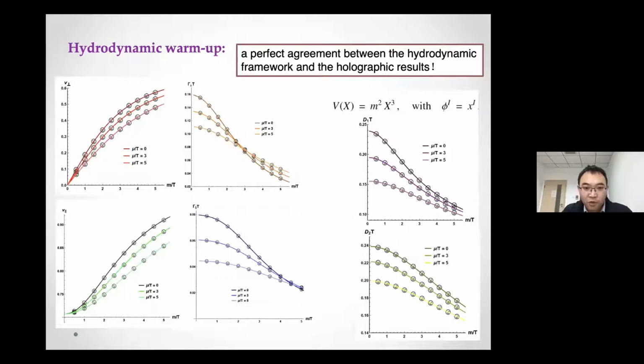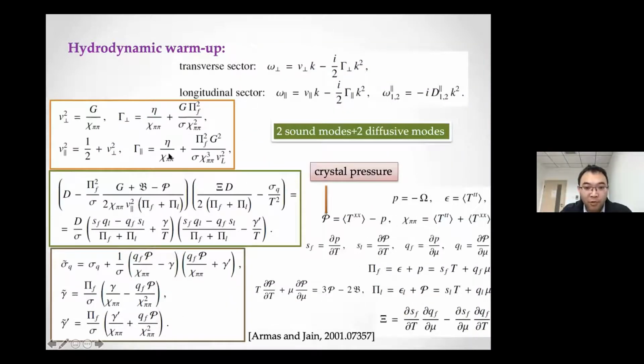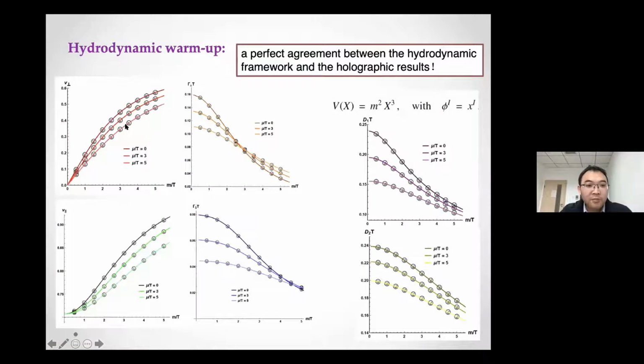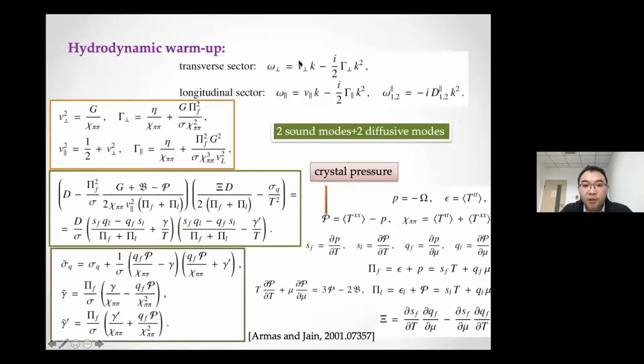Here we show our result. The different curves are from this hydro prediction, and these marks are from our holographic result. On the holographic side, for example, this velocity can be calculated from the quasinormal mode.